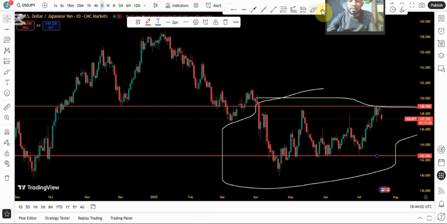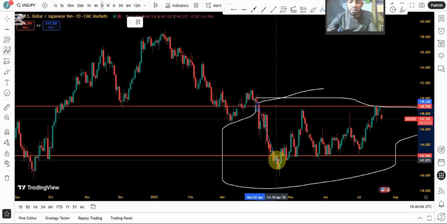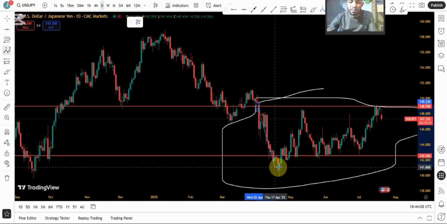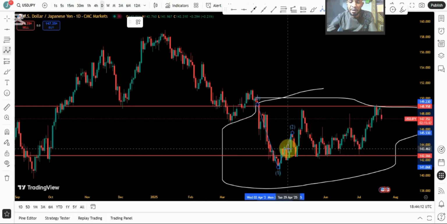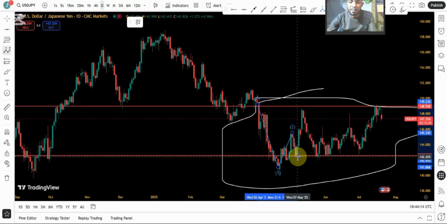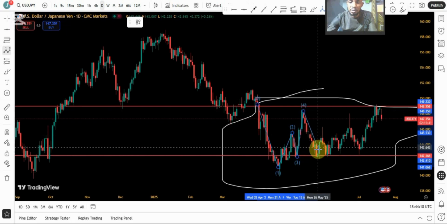For instance, let me explain. The market came from here to this point, pushed up to this point, came over here to this point, came again to this point, came again to this point.